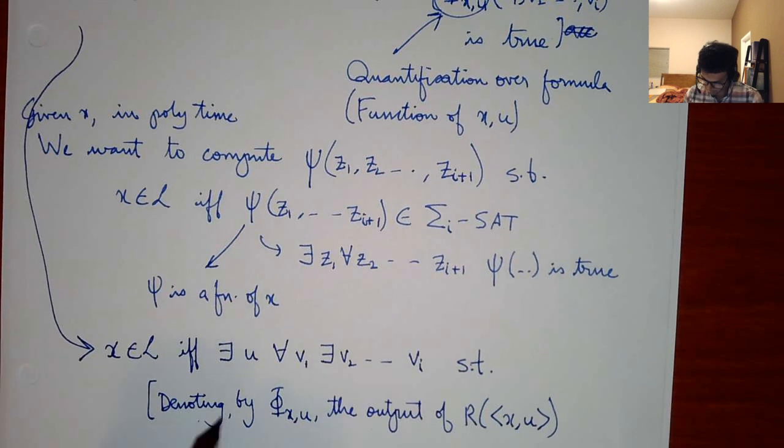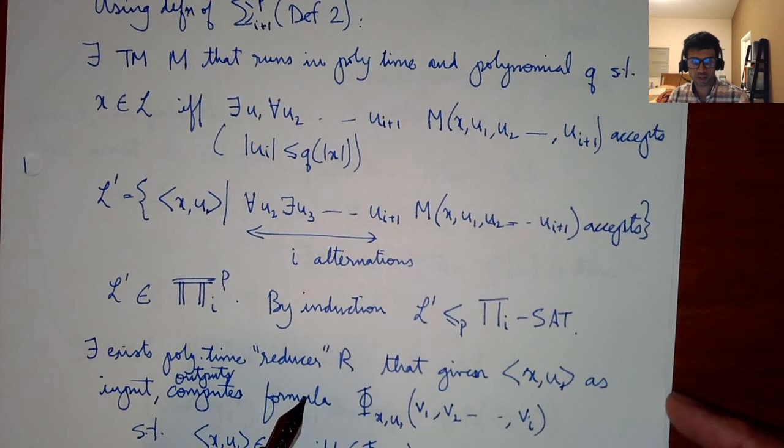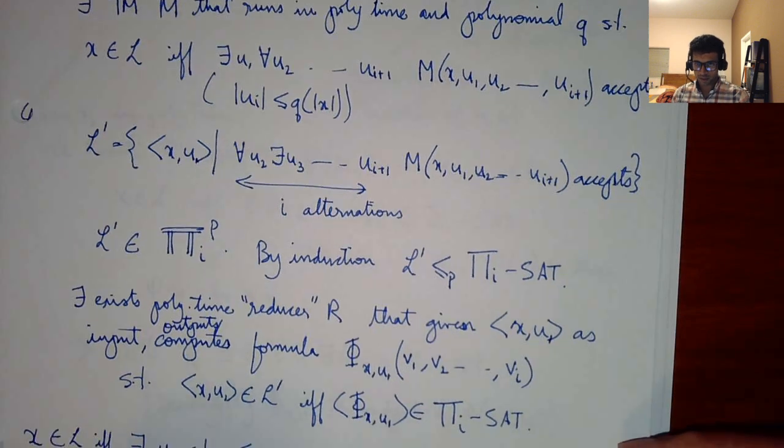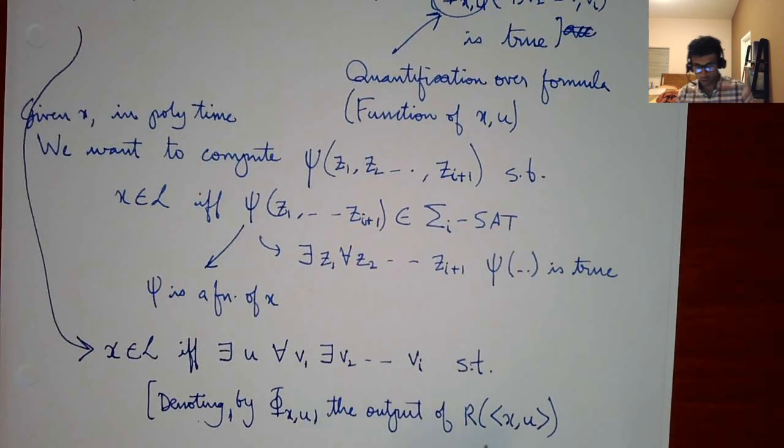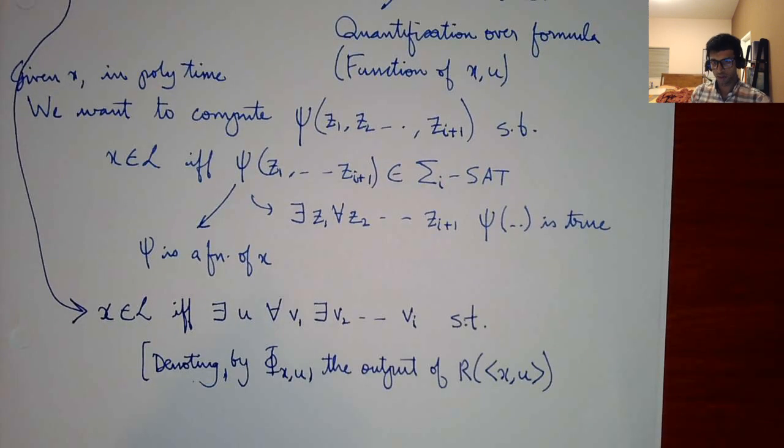So I'm saying that phi x u is really the output of the reducer that we had defined earlier. And again, that reducer was what we got through induction. The reducer gave us this phi of x u. So there is this polynomial time reducer that gives this formula. So denoting by that the formula.